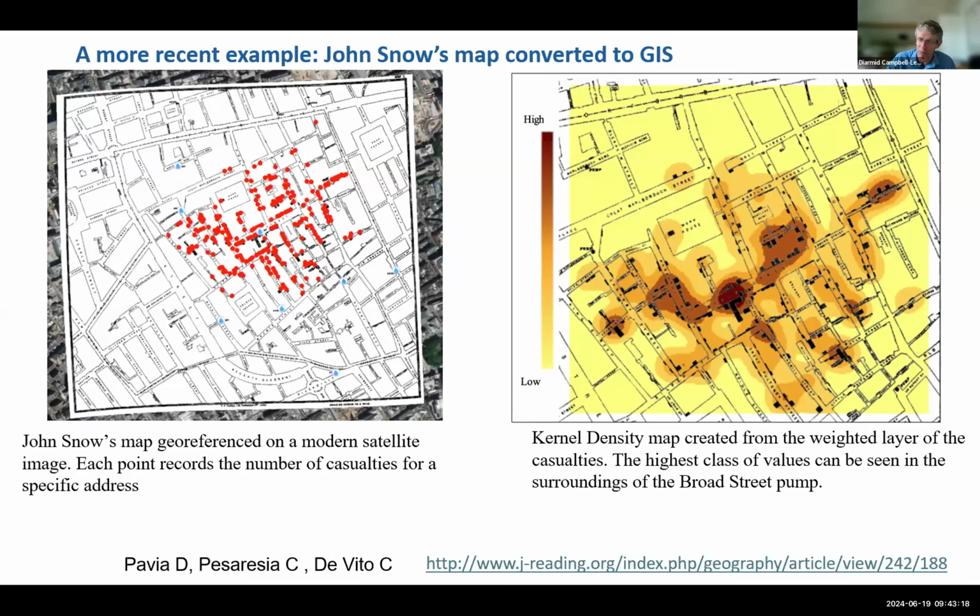And that was already effectively a GIS study, but you can also apply modern GIS mapping techniques to that historical example. So hopefully it's clear that this concept is one that's been around for a long time in public health.